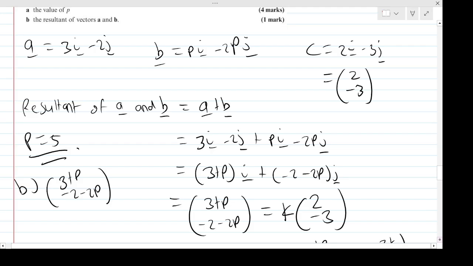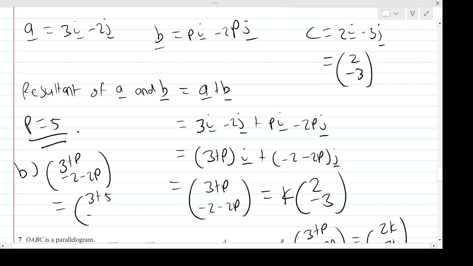Right, so if I substitute P in then, this becomes 3 add 5, and then minus 2 lots of 5. Which would get me... I don't have much room. Well, 3 add 5 would be 8, right? And then minus 2 lots of 5, that's going to be minus 2 minus 10.